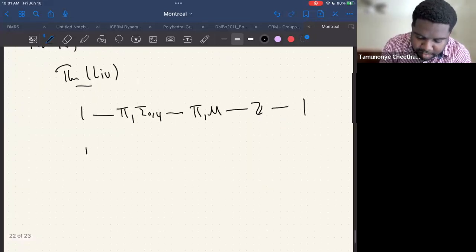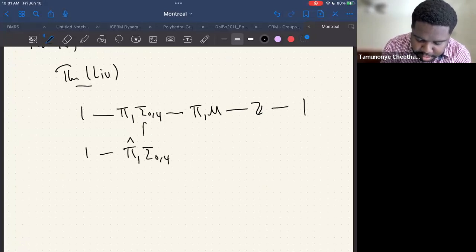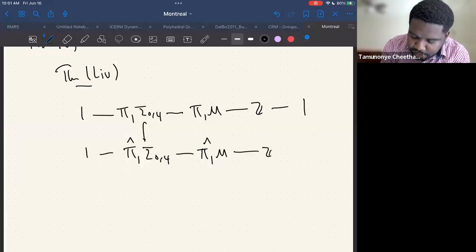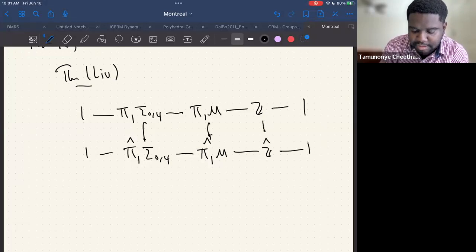And then you have the profinite picture in here: pi1 m hat to z hat to 1. And all you've done is just complete it, right?